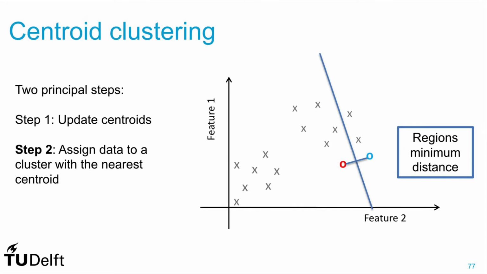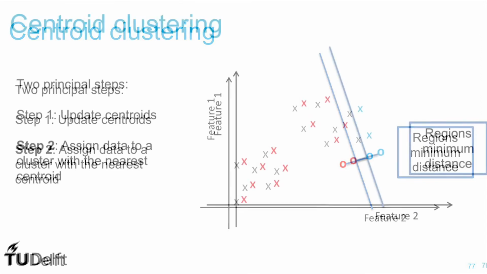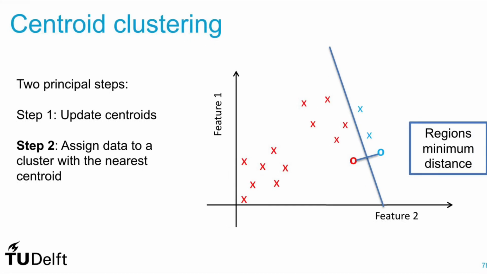The line that you see over there represents the division of regions where data points in one region are closer to the red centroid, and for the region to the right, all data points belonging there are going to be closer to the blue centroid. Then we update the data points to the nearest centroid, so they all change colors. The ones to the left are now red, and the data to the right are going to be blue.